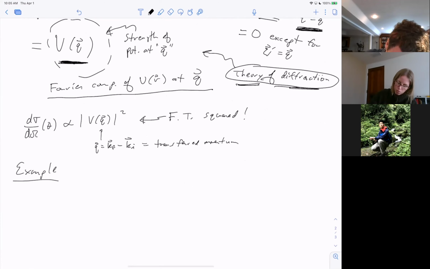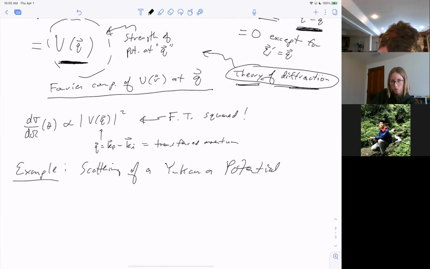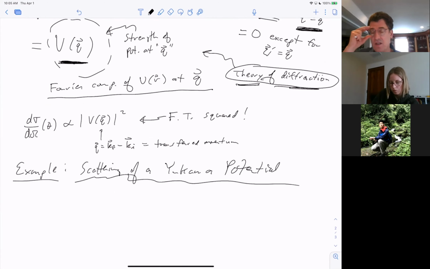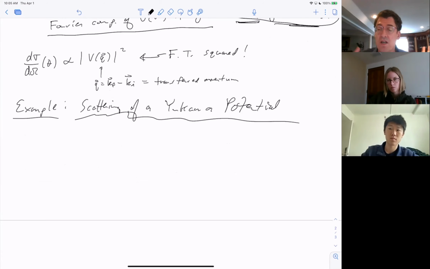Okay, let's do an example now. Let's consider scattering off a Yukawa potential. Now, this stuff was all invented by high energy experimentalists and theorists, but I'm a condensed matter experimentalist, so I think about scattering a lot more in the context of solid state physics.